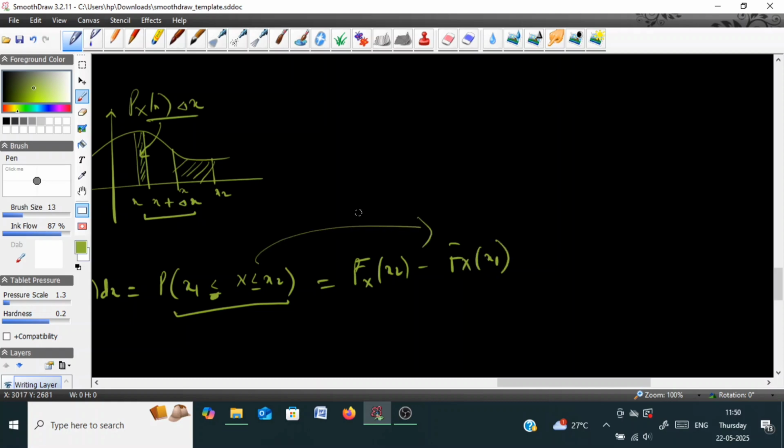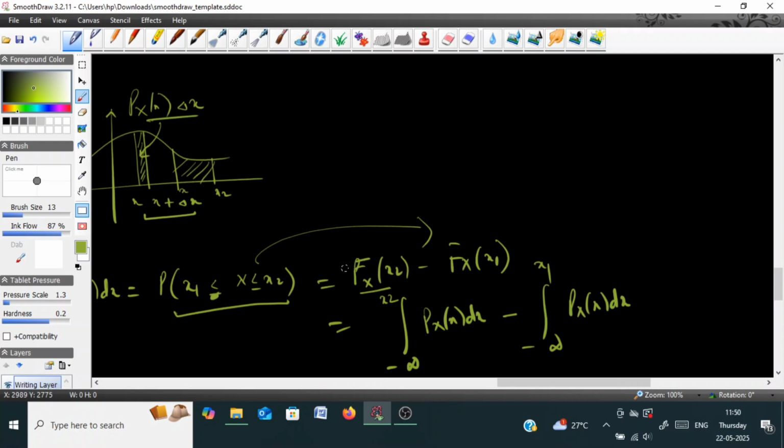This is what we have already seen, and this I can write as the integral from minus infinity to x2 of p_X(x) dx minus the integral from minus infinity to x1 of p_X(x) dx.